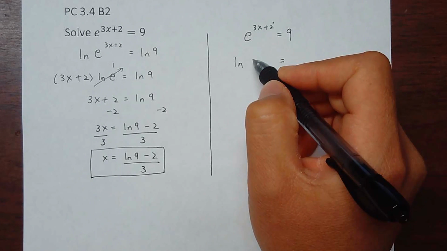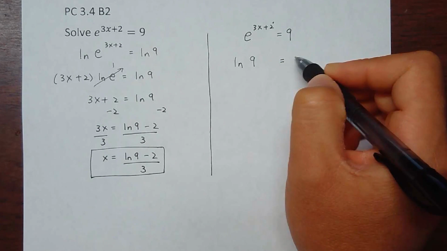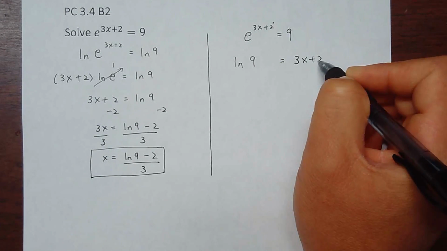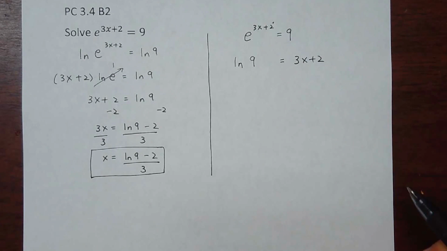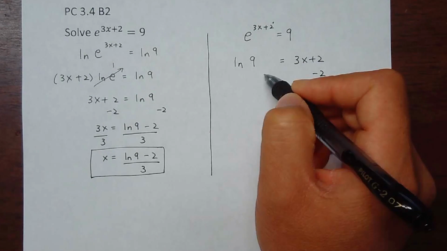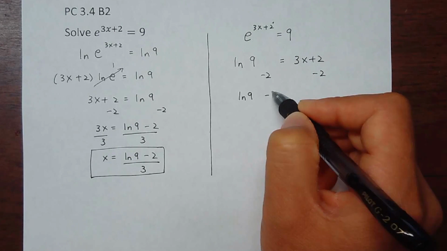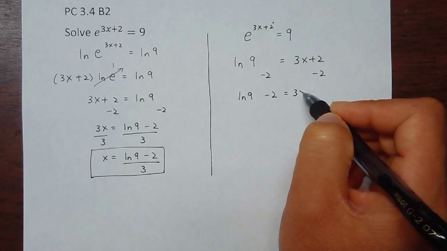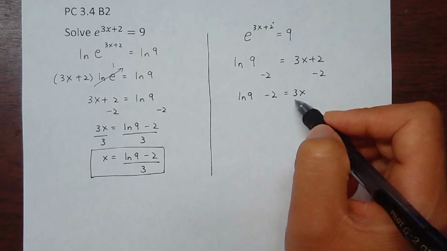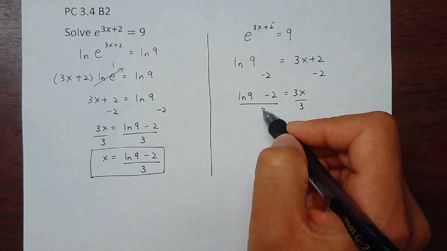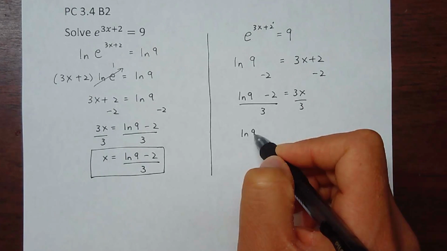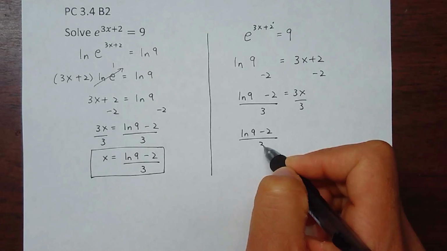So natural log of 9 equal to 3x plus 2. We're solving for x, minus 2 on both sides. Natural log of 9 minus 2 equal to 3x. Divide by 3, divide by 3. Natural log of 9 minus 2, all over 3, equal to x.